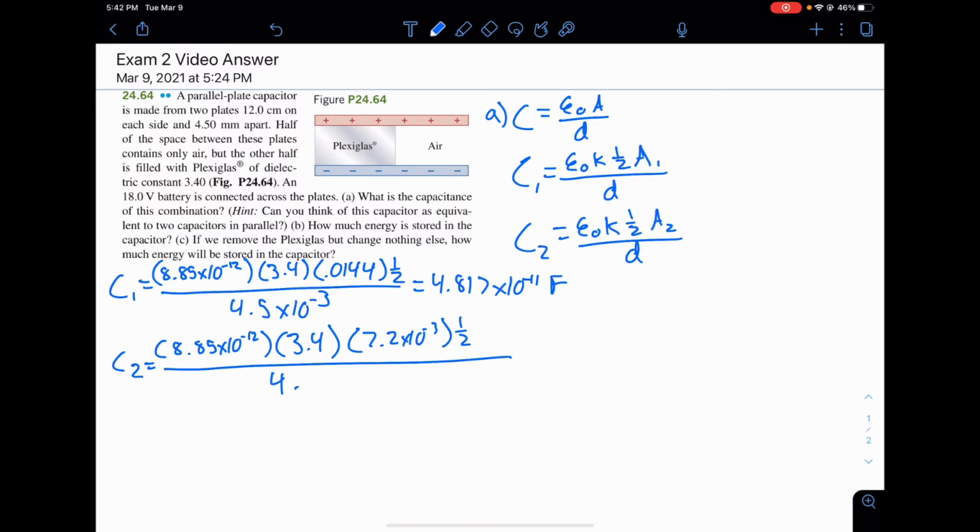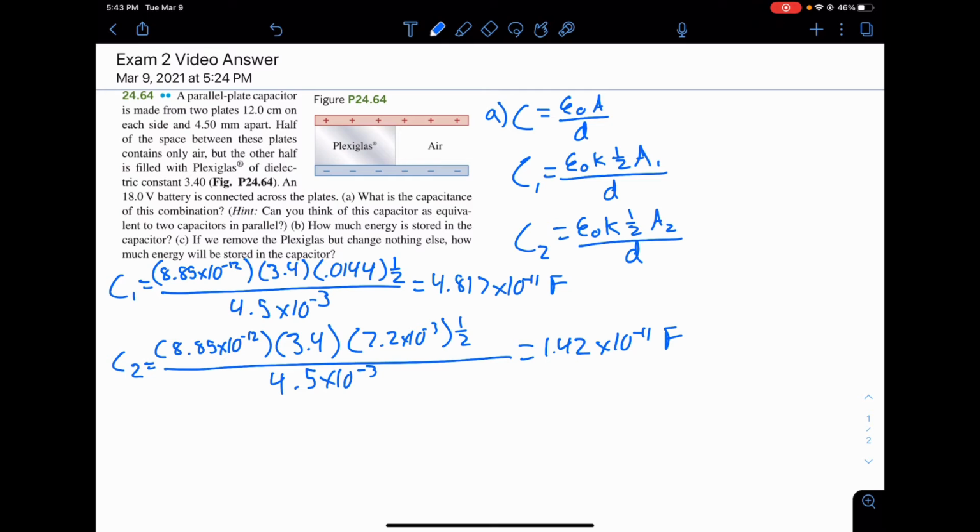All of that is over the same distance of 4.5 times 10 to the minus 3, and that gives us a capacitance of, I believe, 1.42 times 10 to the minus 11 farads.